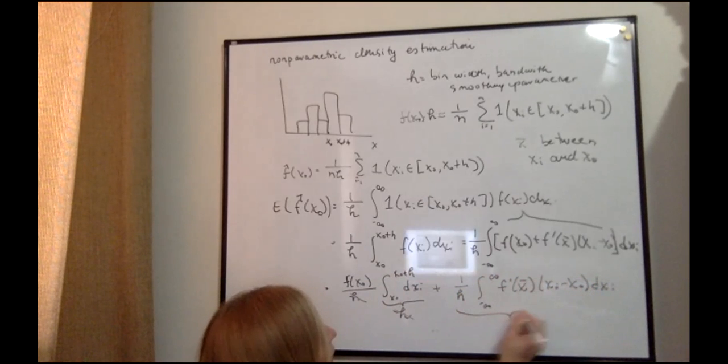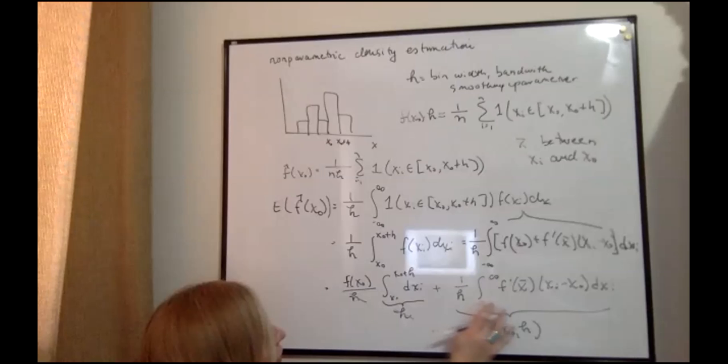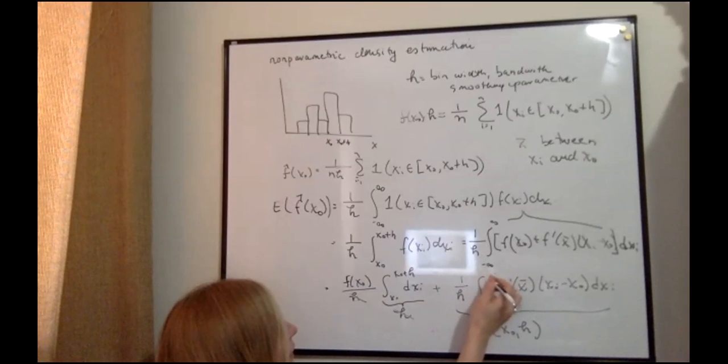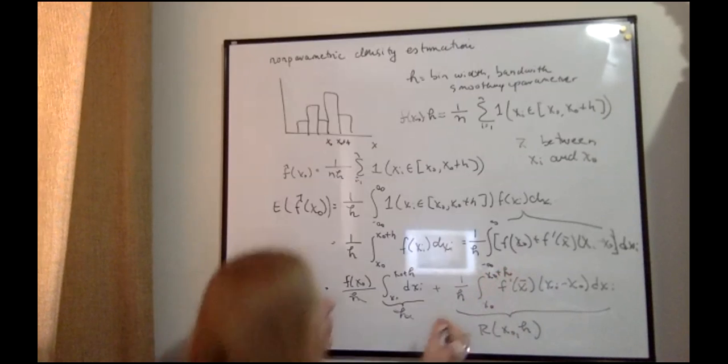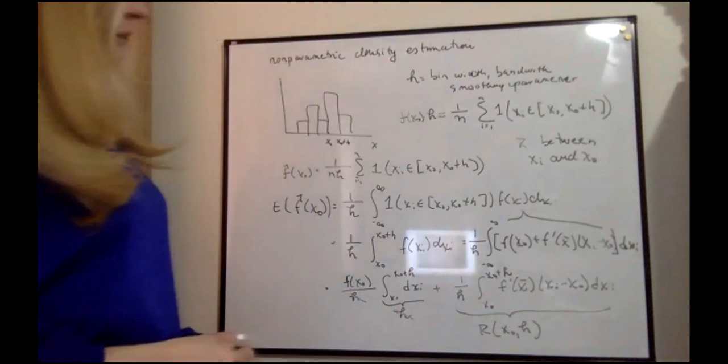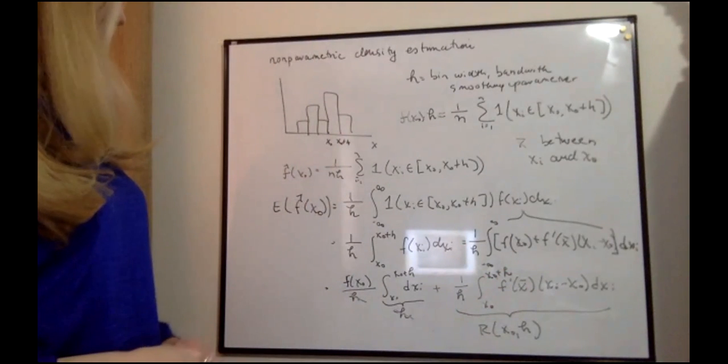And this is what's called a remainder term. It depends on x naught, and it also depends on h, because these limits of integration should be x naught and x naught plus h.